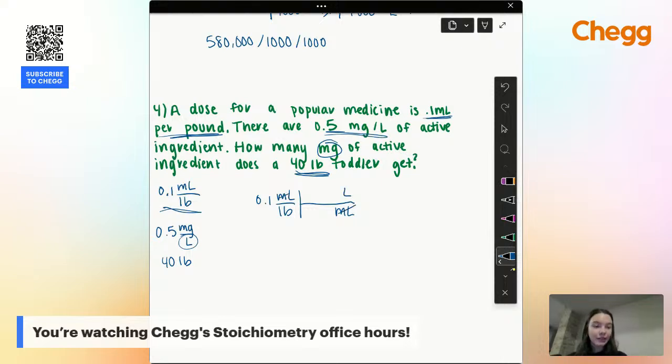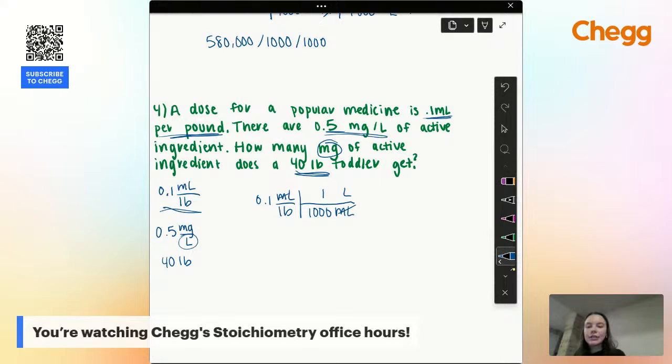Does anyone know that conversion from milliliters to liters? In 1 liter, there is 1,000 milliliters. So we're going to put that first part in our calculator. We get 0.1 divided by 1,000.